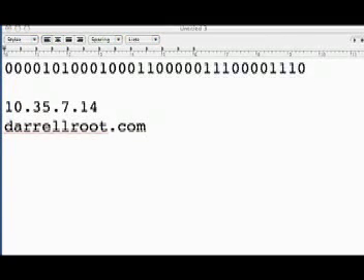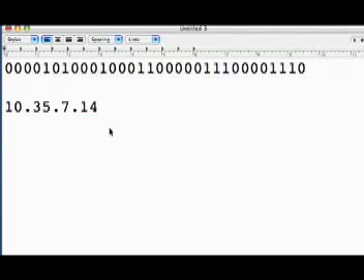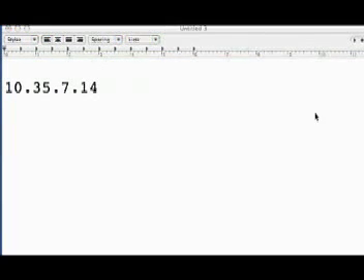A classful IP address has two parts. It has a network part and a host part. So here's our 32 bits, and let's go ahead and break it up.